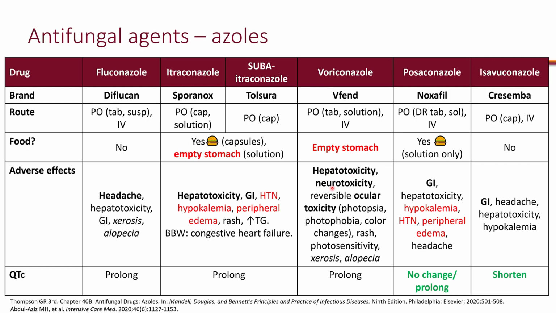It can also lead to neurotoxicity, specifically reversible ocular toxicity, such as photopsia, photophobia, and color changes. It can also lead to rash and photosensitivity, and with long-term use, similar to fluconazole, this can lead to cirrhosis and alopecia, and it also causes significant prolongation of QTc.